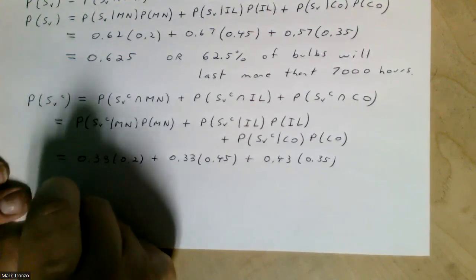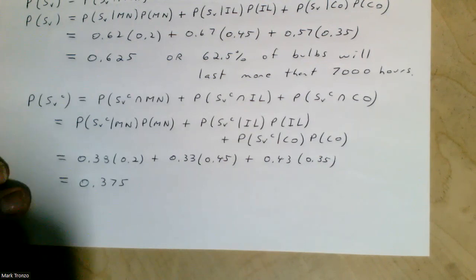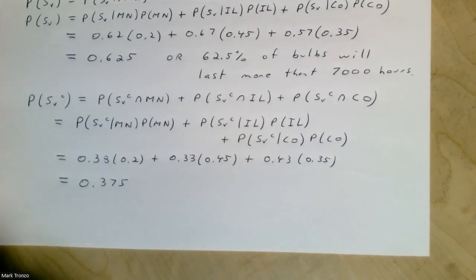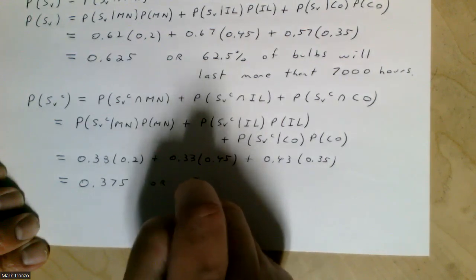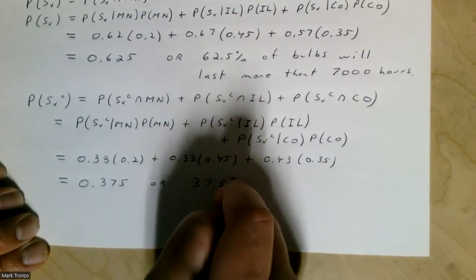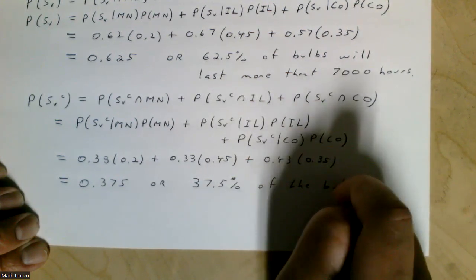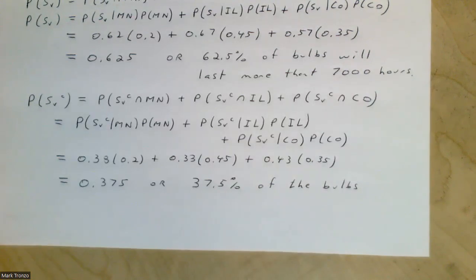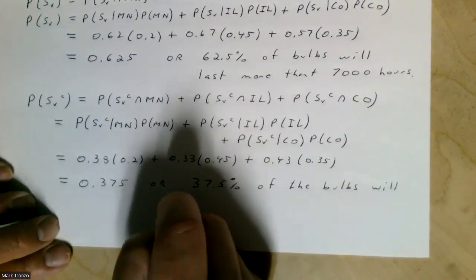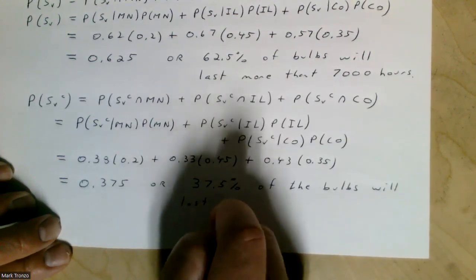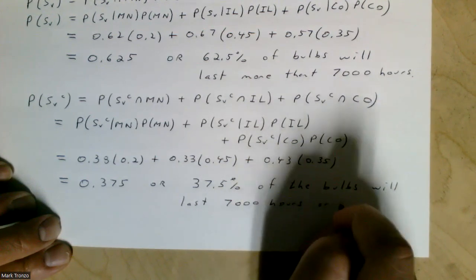And if you calculate this, this is 0.375, the probability that a bulb won't last 7,000 hours, or we can say 37.5% of the bulbs will last 7,000 hours or less.